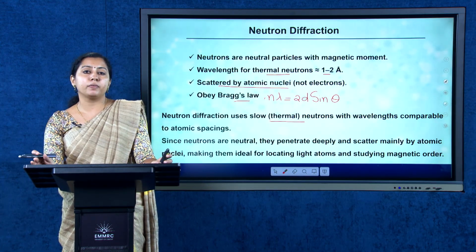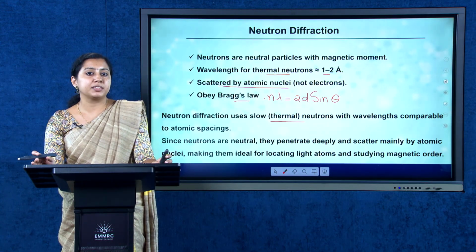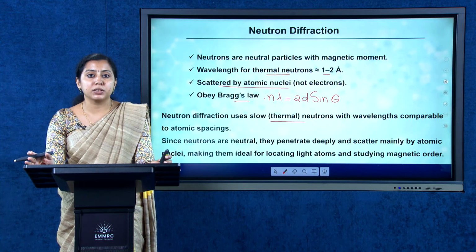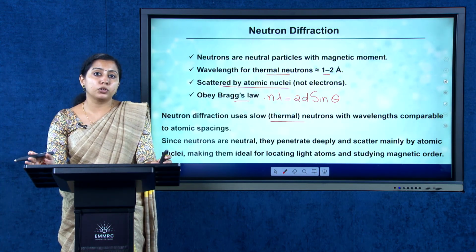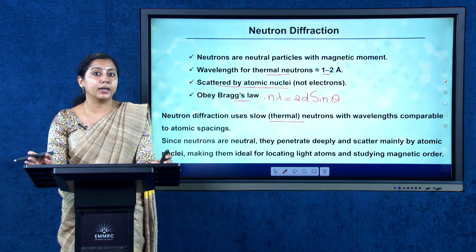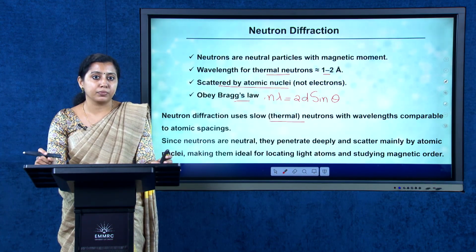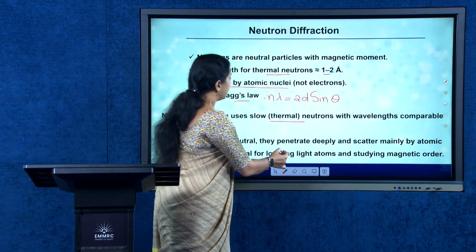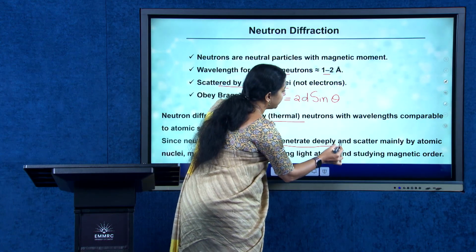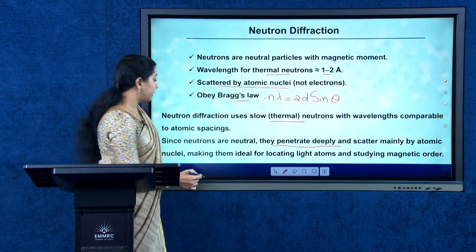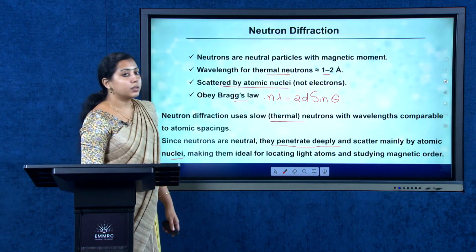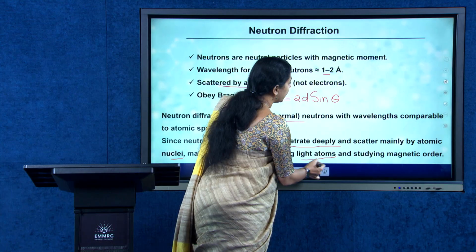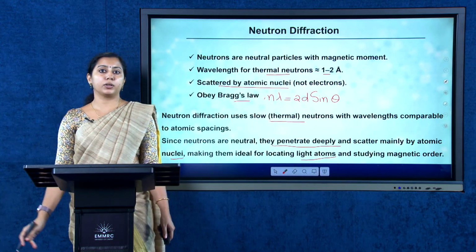In neutron diffraction, we use slow thermal neutrons with wavelengths comparable to the atomic spacings, and the neutrons are scattered by atomic nuclei but not electrons. Since neutrons are neutral, they can penetrate deeply and scatter mainly by the atomic nuclei. This makes them ideal for locating light atoms and also for studying magnetic order.